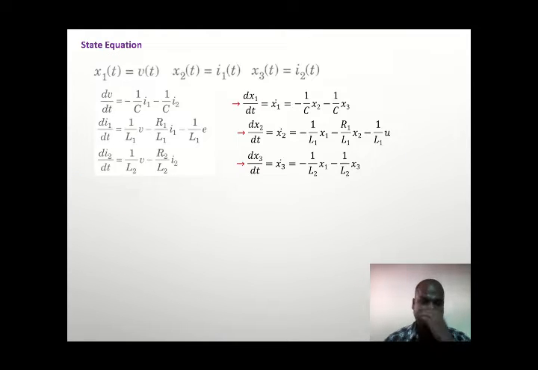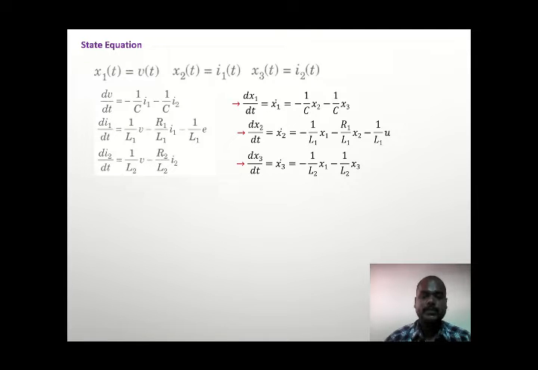Now, how do we represent these equations in the state space equation? By taking our assumption x1 as V, x2 as I1, and x3 as I2.